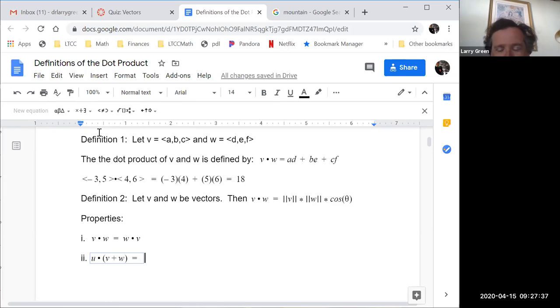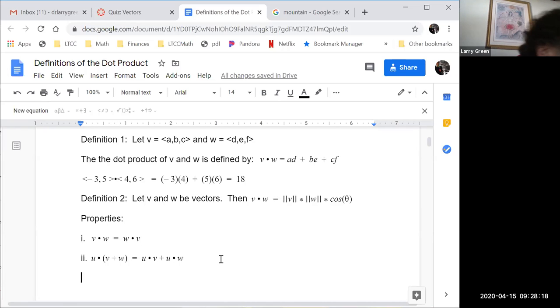That's something you should know just from 8th grade or something. If the distributive property is true, what should this be equal to? Yeah, U dot V plus U dot W, and it's true. Okay, and again, it's not that hard to show from definition 1 that it works.